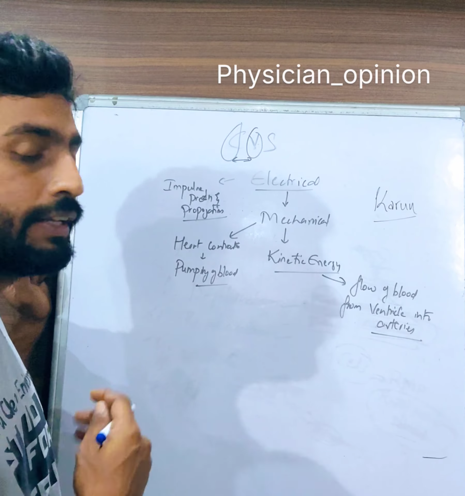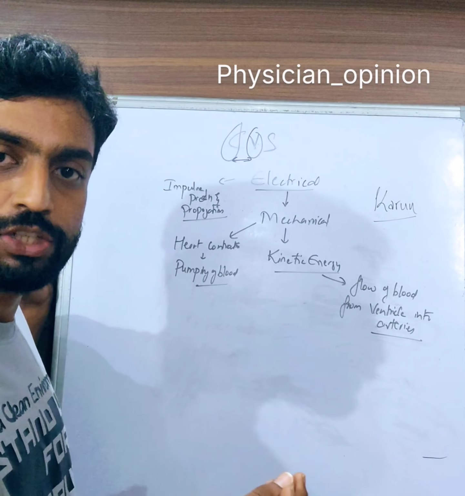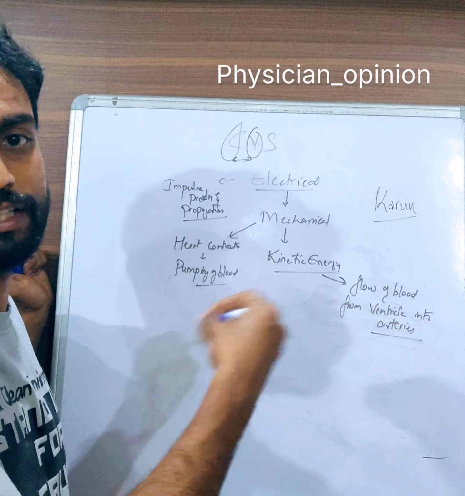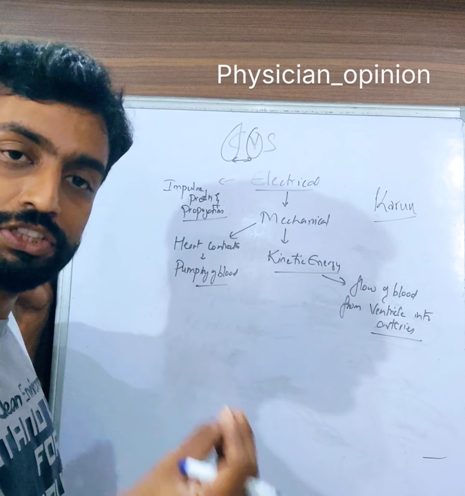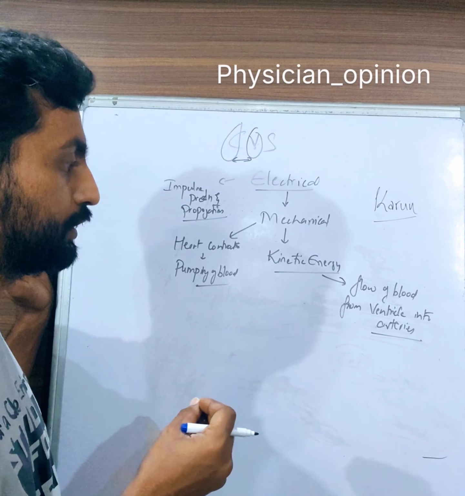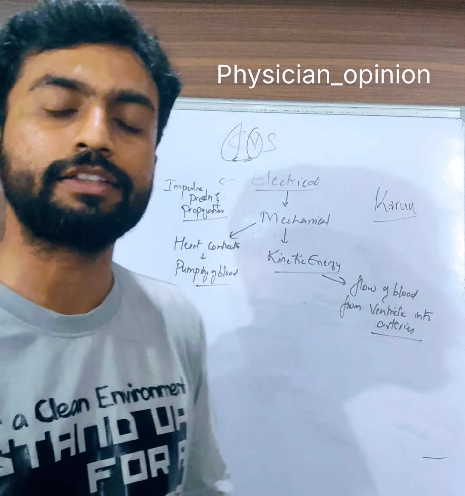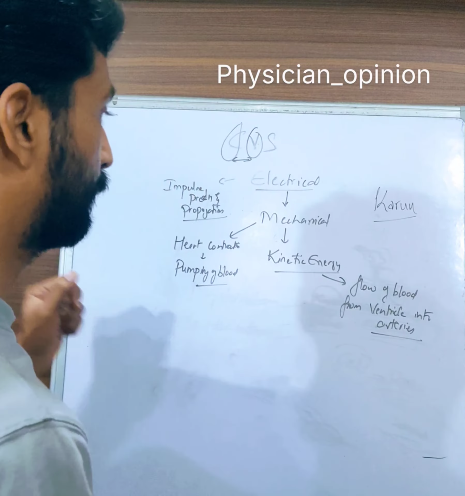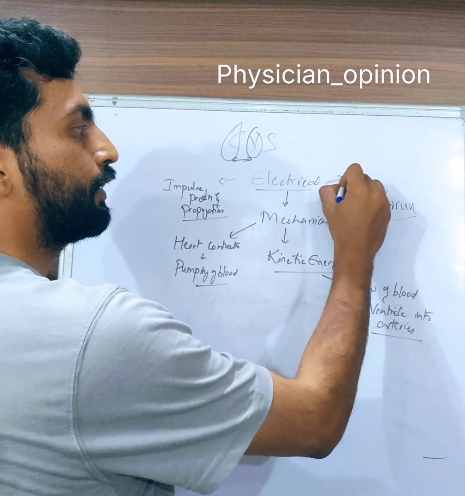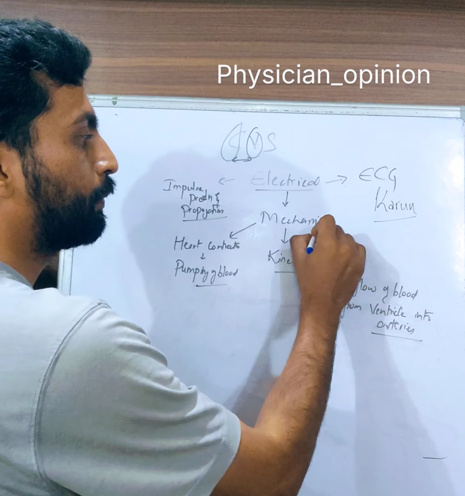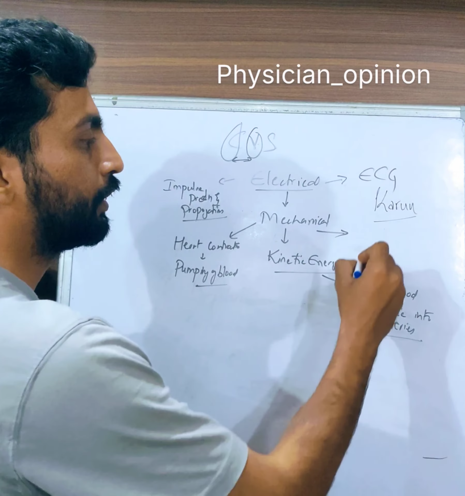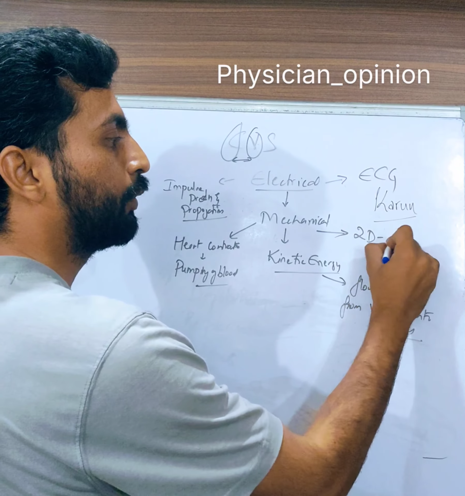Now, are there any ways with which we can determine these energies, or in other words, are there any investigations which are helpful in determining these particular energies? For electrical activity, we have ECG. For mechanical activity, we have 2D echocardiography.